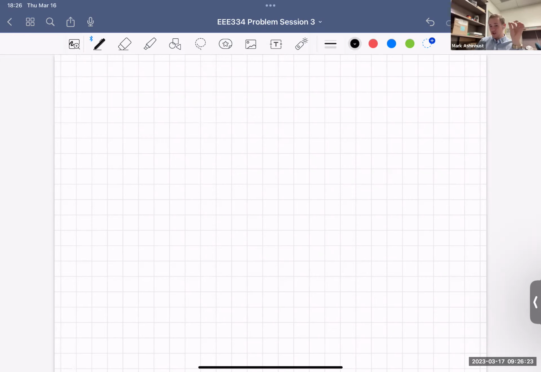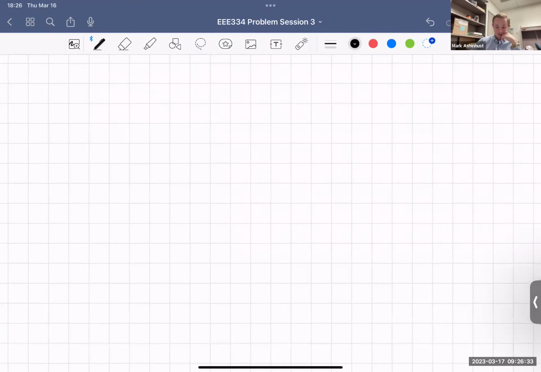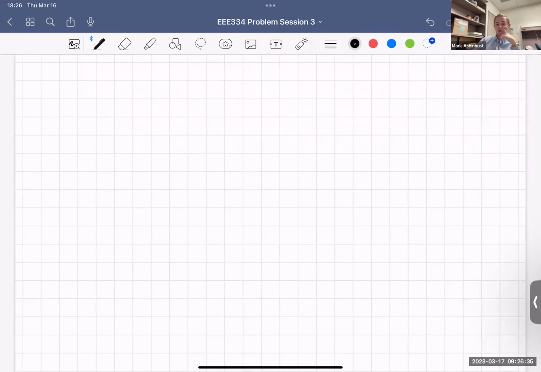Cutoff is going to be when VGS is less than VT. So if we don't pass that threshold, we're in cutoff. Remember that VGS is actually just VG. So that's what we're solving for. We want to make sure that VG is above 0.6. What we need to make sure is VG is greater than VTN.